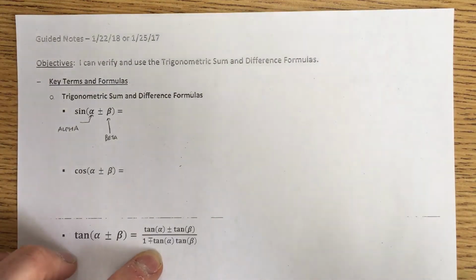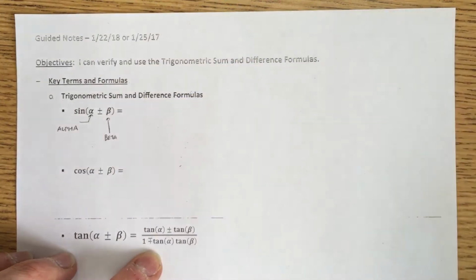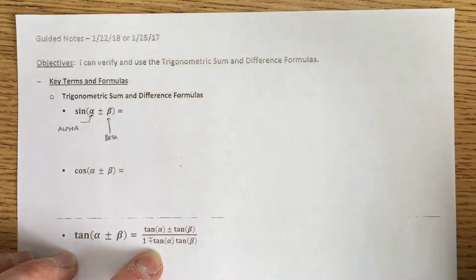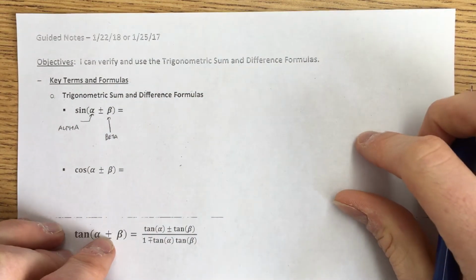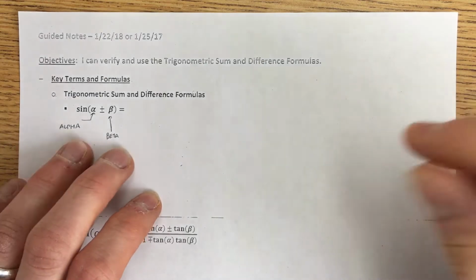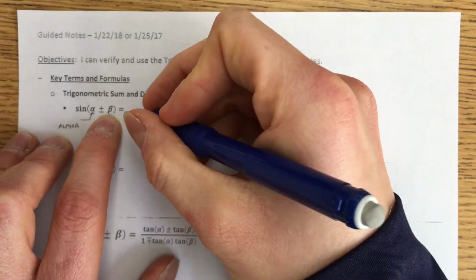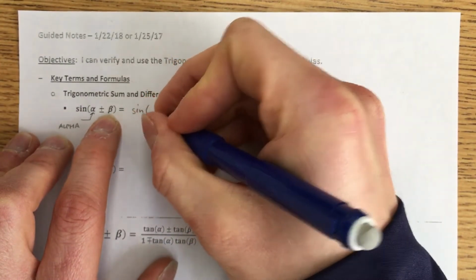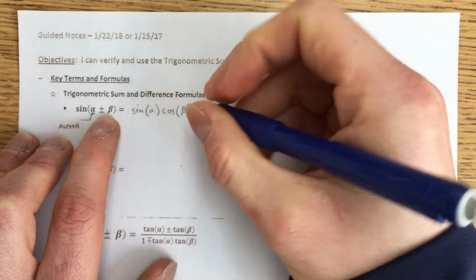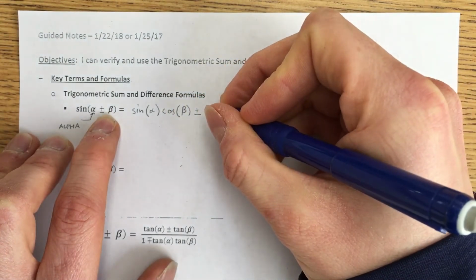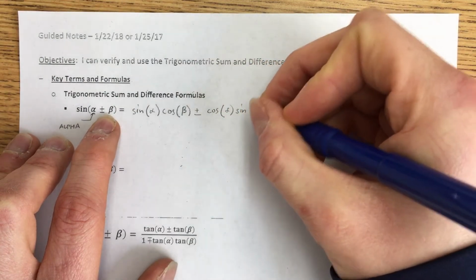But here, if we have what we call a sine sum and difference, well, we're adding and subtracting inside of sine. We're adding and subtracting inside of cosine. Adding or subtracting inside of tangent. So that's why they're called the sum and difference formulas. The sine sum and difference formula says if I have alpha plus or minus beta inside of sine, then that can become sine alpha cosine beta plus or minus cosine alpha sine beta.